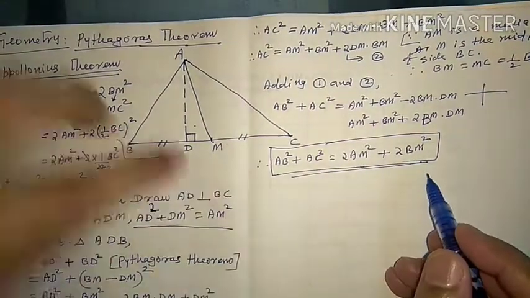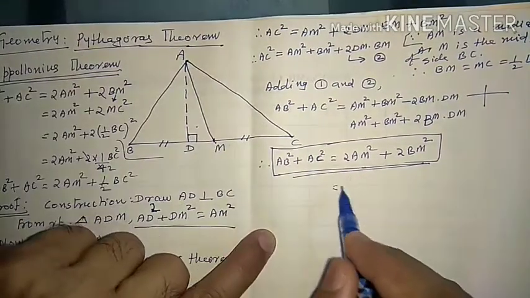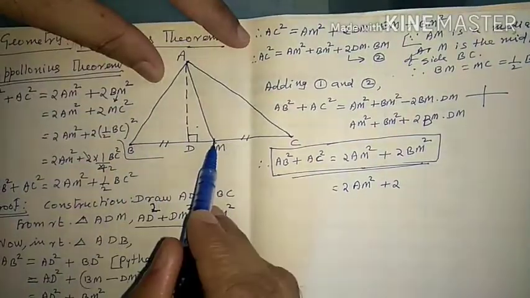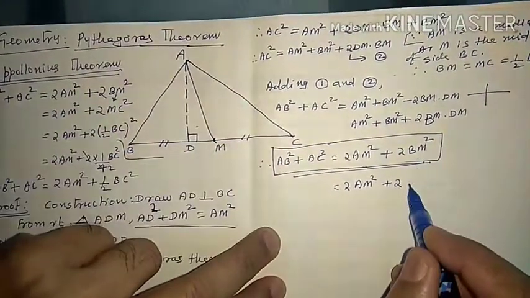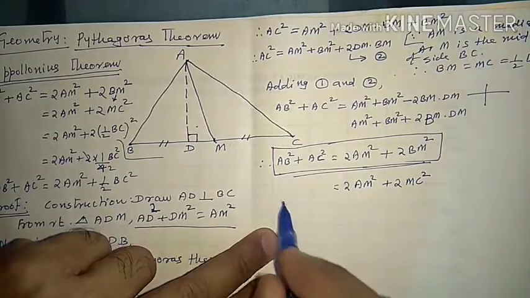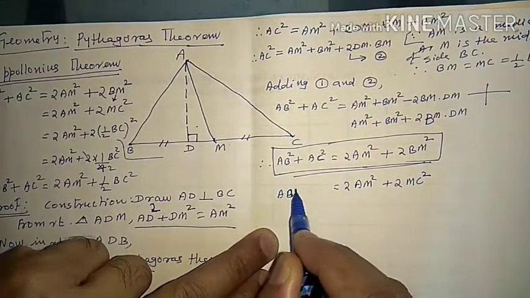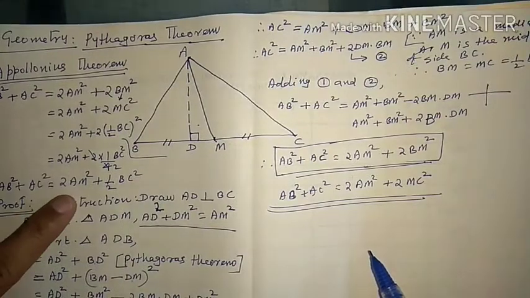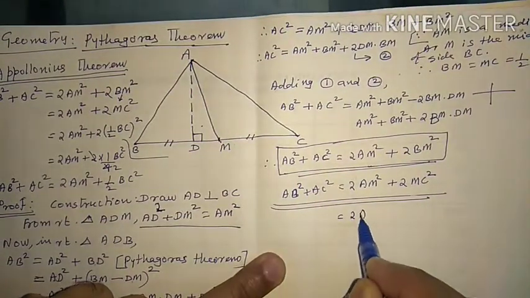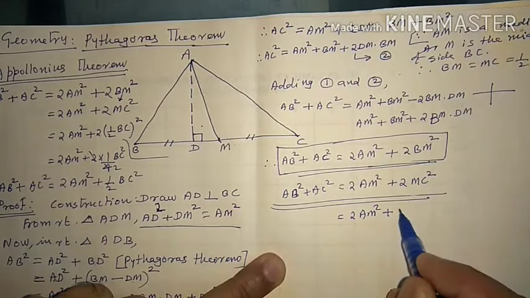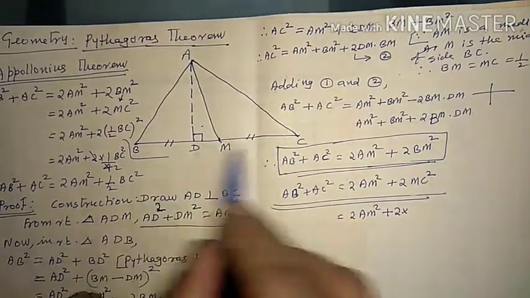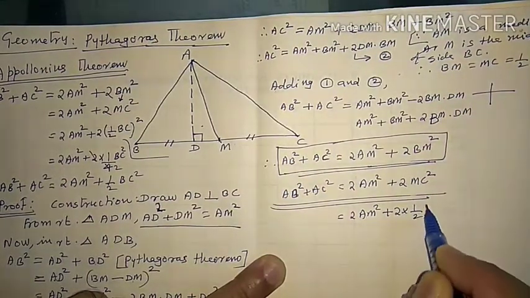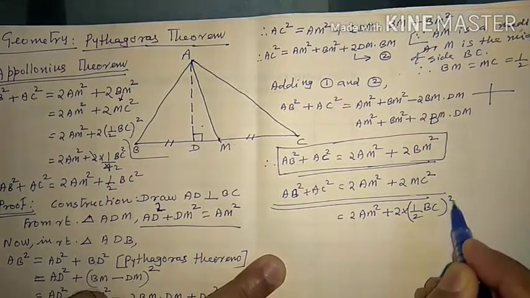Now simplification. This AM is median, 2 AM square plus 2 BM square. See, BM is equal to MC also. So this BM square also becomes MC square. This also is AB square plus AC square. They can ask like this also. Or the third one, this way: 2 AM square plus 2 into MC, which is half of BC. MC or BM equal to half of BC. So this is half of BC the whole square.